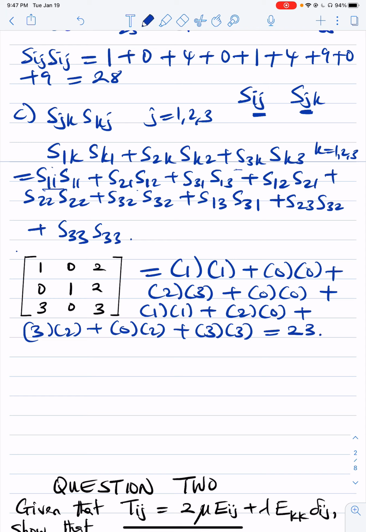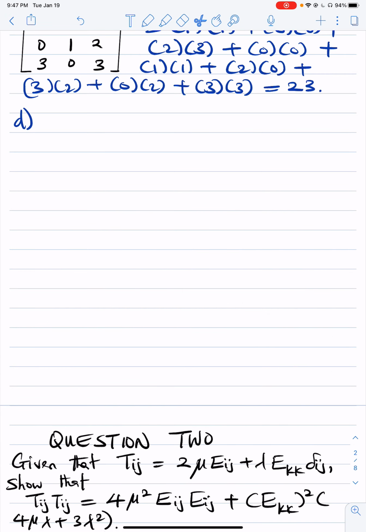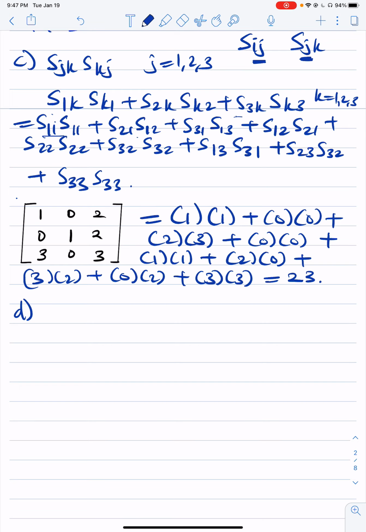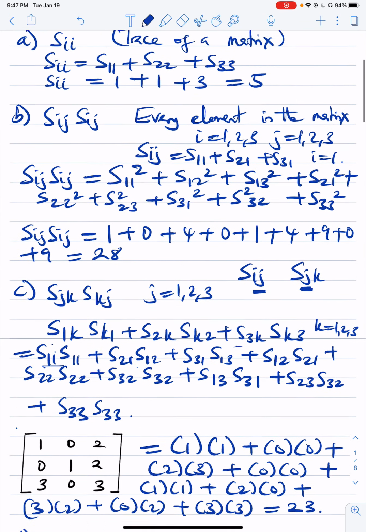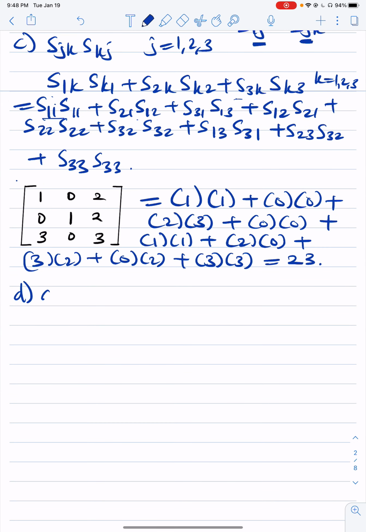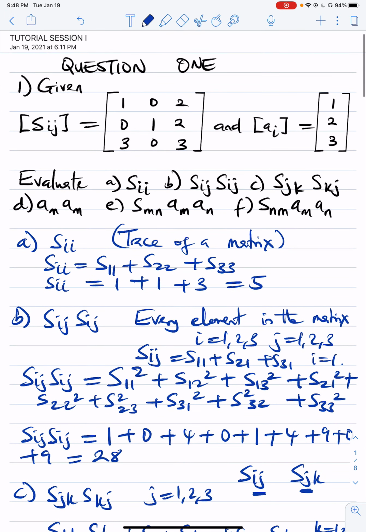Right. So question D. Let's make some room. The D part of the question says we should find A_M. Now, this is just a matter of notation.